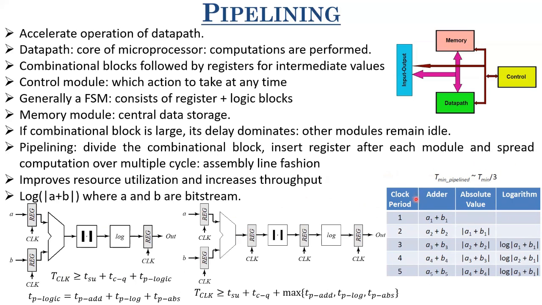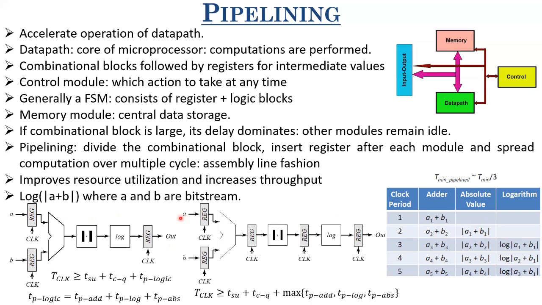So what exactly happens in this pipeline? In the first cycle, A1 and B1 are sampled and given to the adder. So A1 plus B1 is performed in the first cycle. Now in the second cycle, this A1 and B1 sum is transferred to the modulo operator and its mod is performed. However, the adder is not idle in that case.